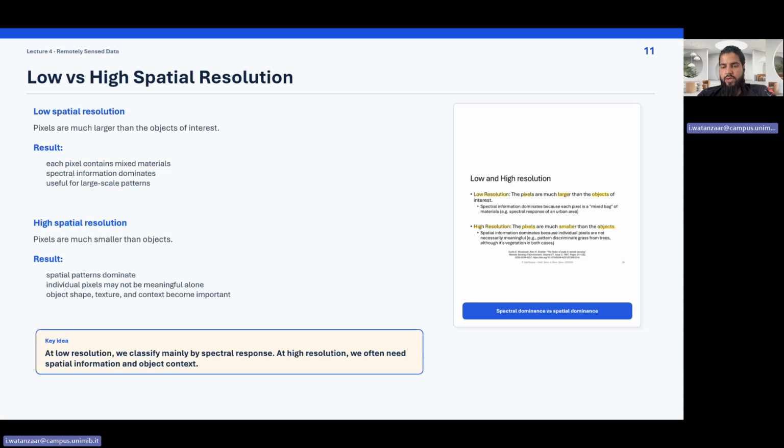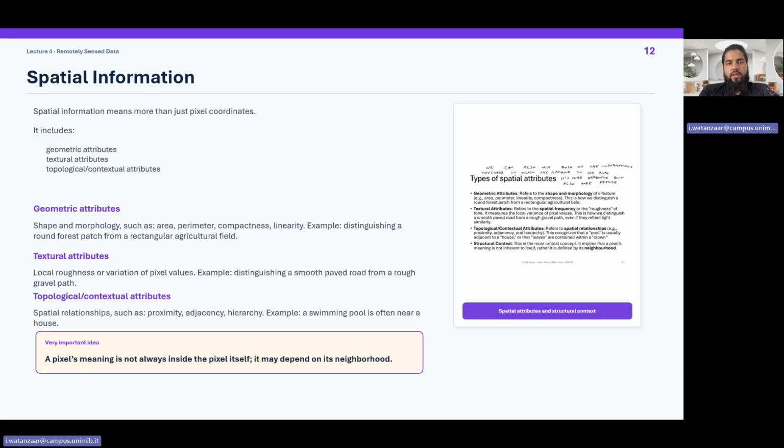If the spectral response is dominating, we say there is no spatial information, or the spatial information is overridden by this spectral response. But at high resolution, we often need the spatial information in the object context. So here the spectral response is decreased or de-dominated. This is the whole idea about the low and high spatial resolution.